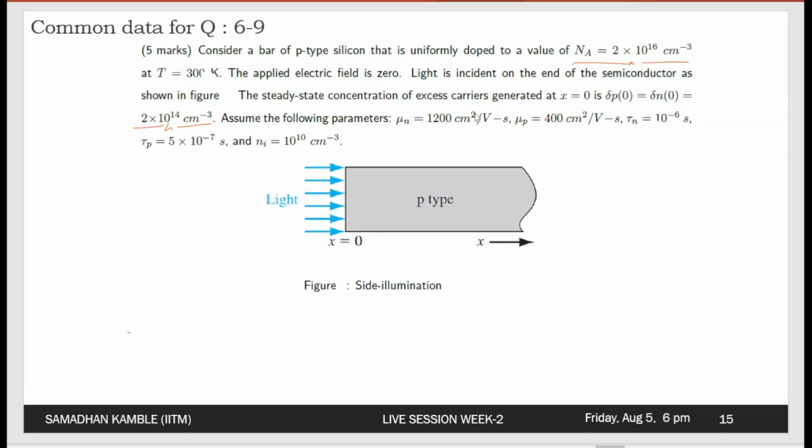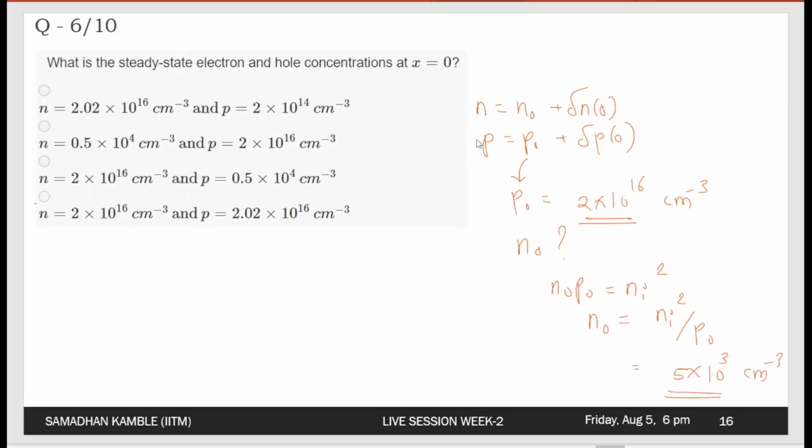Delta n naught and delta p naught are the same, but you can see that the value of p naught is quite higher than the value of n naught, and hence if you just substitute these values, you will get n equal to 2 times 10 to the power 14 per centimeter cube, and p equal to 2.02 times 10 to the power 16 per centimeter cube.